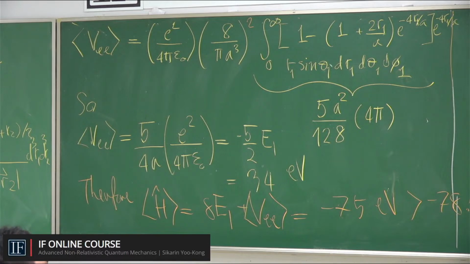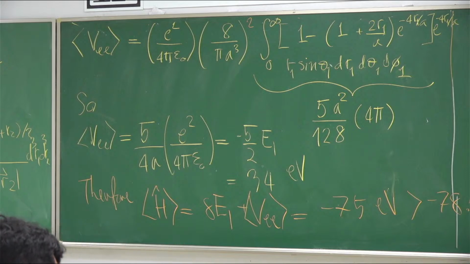The ground state actually depends on the radius, the radial part, no angular part, right? So if this is your nucleus, one electron may be forming a shield.